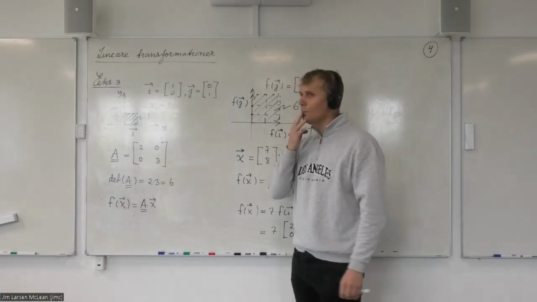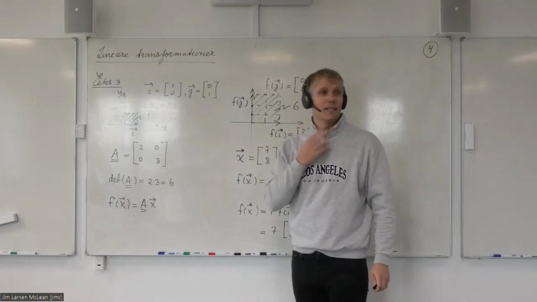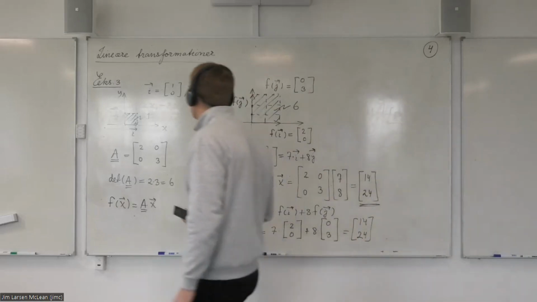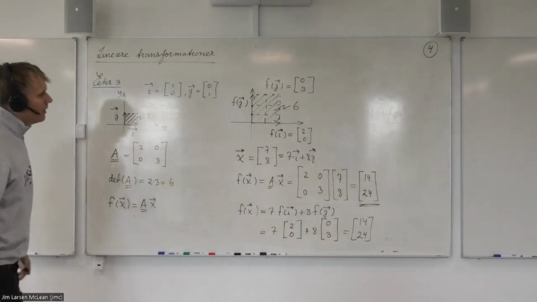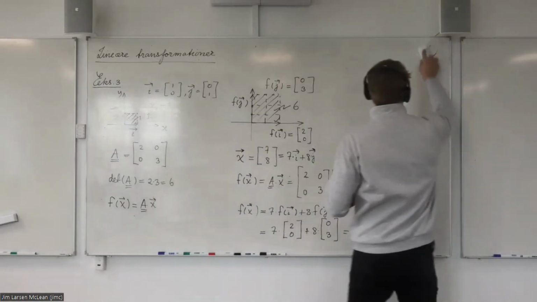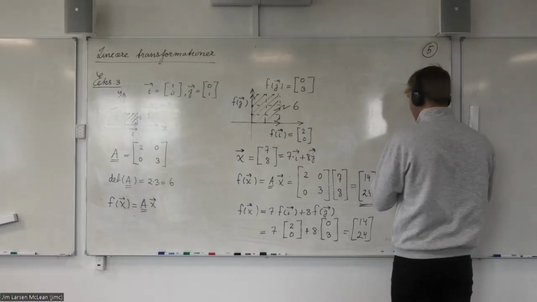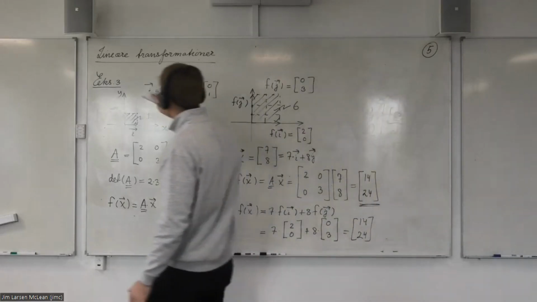Let's now try to create a linear transformation where the determinant is 0. So that will be board 5. And example 4.